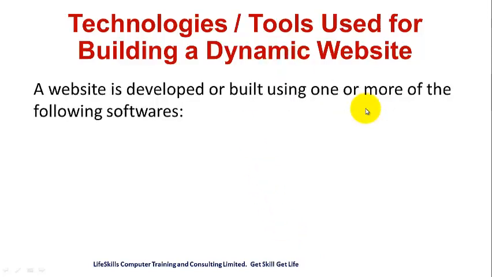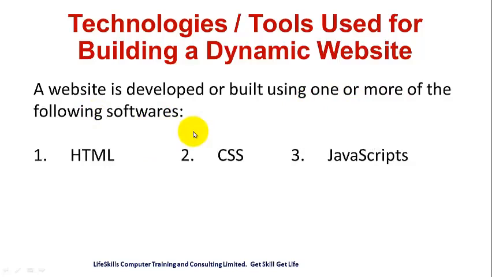Now, a website is developed or built using one or more of the following softwares. Number one, we have HTML, hypertext markup language. Then number two, we have CSS, which is called cascading style sheet. We have JavaScript.